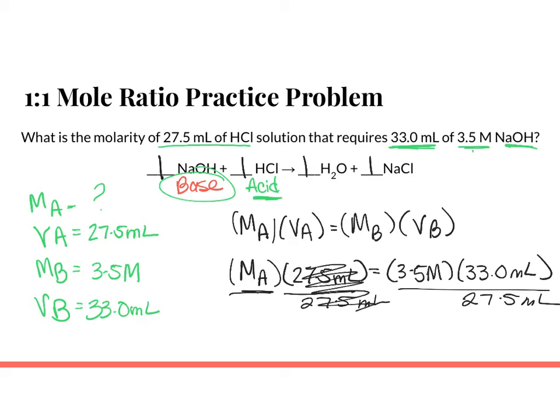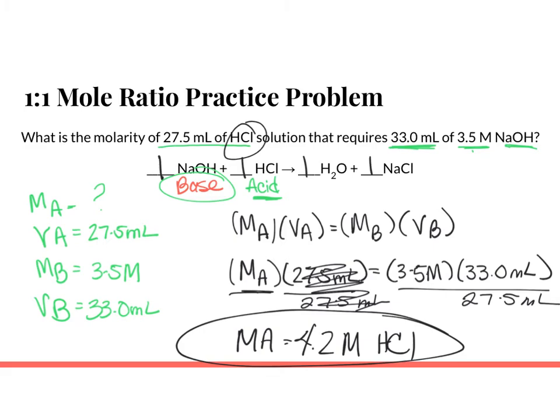This cancels, and now I'm left with Ma equals 3.5 molar times 33 milliliters divided by 27.5 milliliters. When I plug that into my equation, Ma is going to be equal to 4.2 molar. And again, we're dealing with the HCl. So that's how you're going to solve that one.